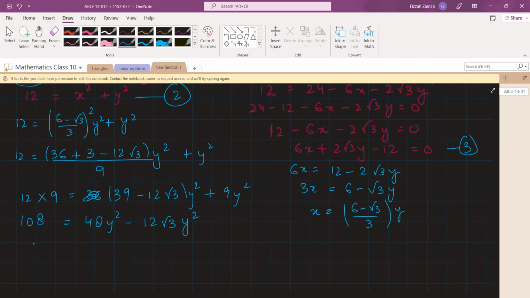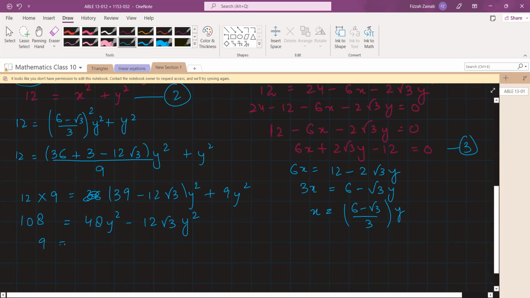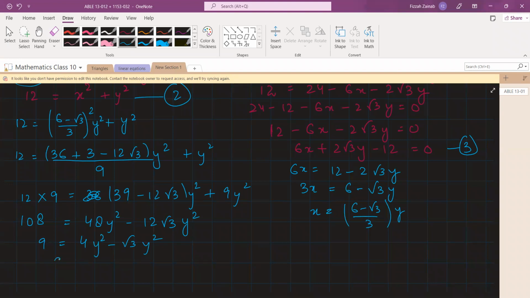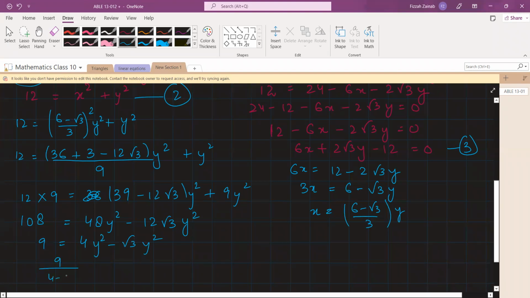Again, we can take 12 common. Let us reduce it first of all. So it will be 12 into 9 is equal to 12 into 4y square minus under root 3 y square. Then if you take y square common, this will be 9 divided by 4 minus under root 3 is equal to y square.